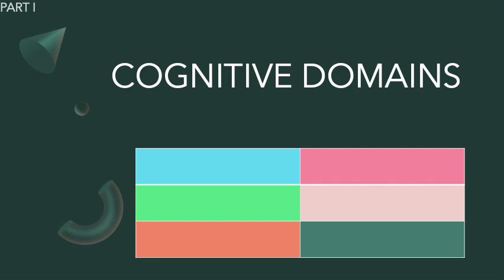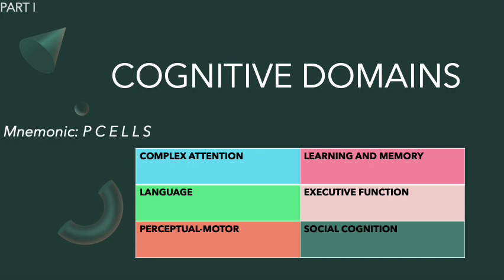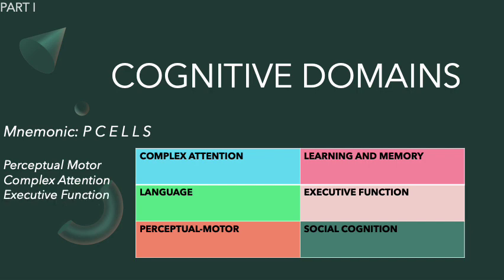So the 6 cognitive domains are complex attention, learning and memory, language, executive function, perceptual motor, and social cognition. The mnemonic I use is P-CELLS, which stands for perceptual motor, complex attention, executive function, learning and memory, language, and social cognition.